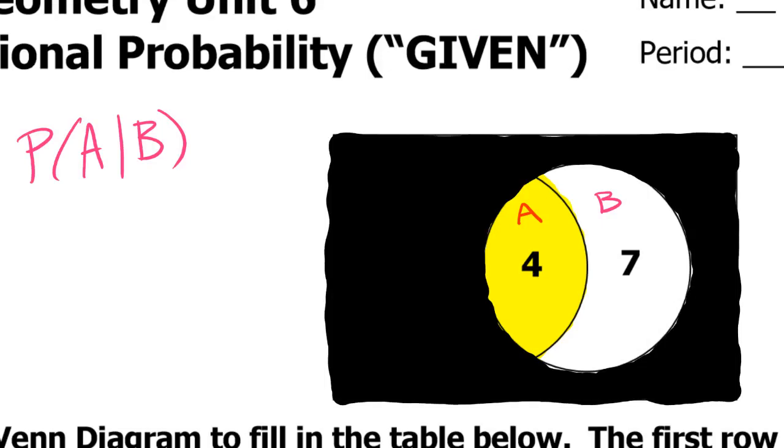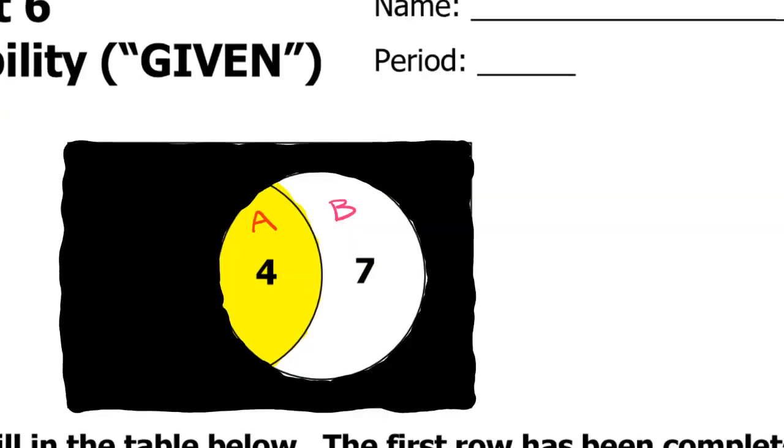So whenever we calculate the probability, if we want the probability of A, then we're thinking target over total. So A is the target, so that's going to be 4 over the total, and the total here is 11. The smaller universe just has the 4 and the 7, that's it. Forget about any other numbers that you've seen. So the total is now 11.